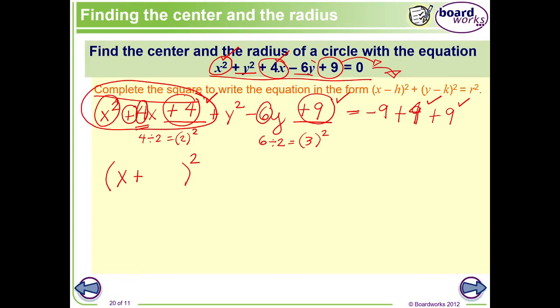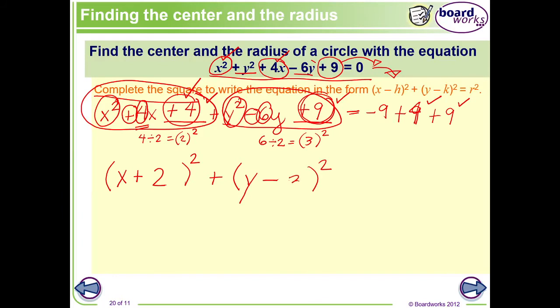What's the square root of 4? 2. Okay. Plus. Okay, concentrate here. We have y squared. What's the square root of y squared? Y. What's the sign of the middle term? Negative. What's the square root of 9?